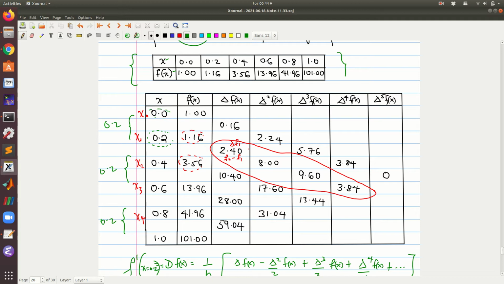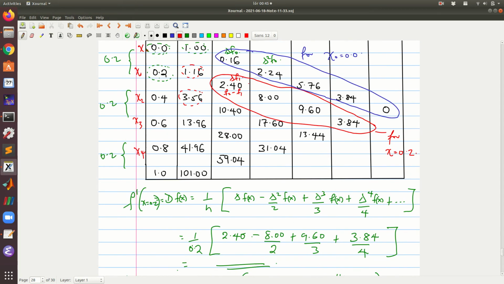So this is the point x naught, this is its function value, this is its first forward difference, and then this is the second forward difference. For this one we are moving along this diagonal. This one in blue is for the point x naught equals 0.0, while this one in red, remember, is for the first derivative at the point x equals 0.2.